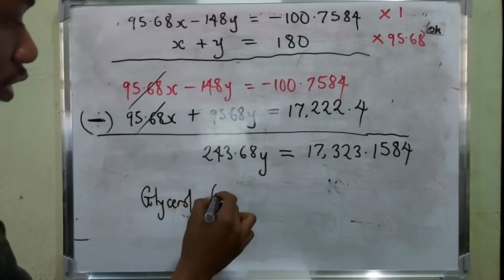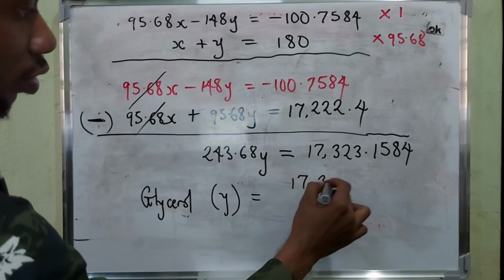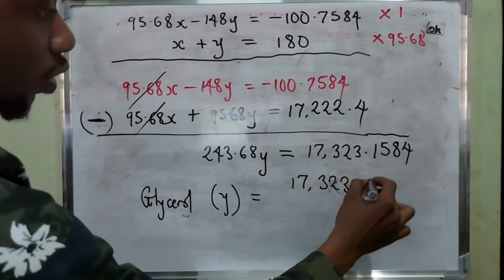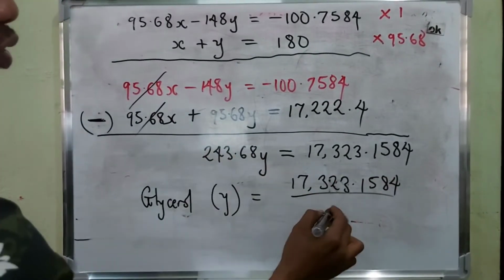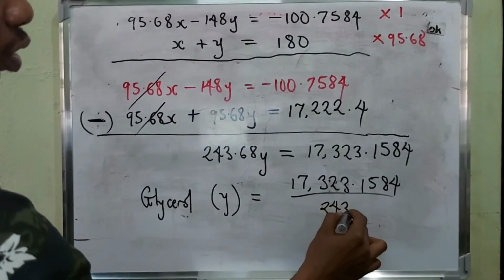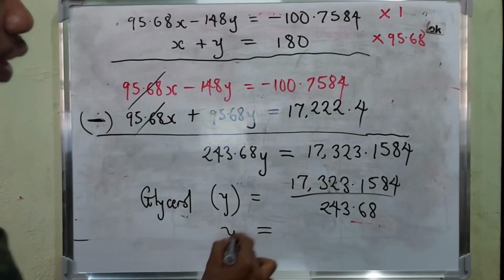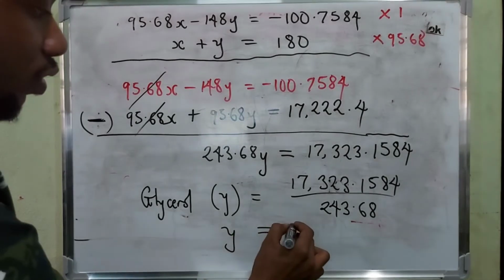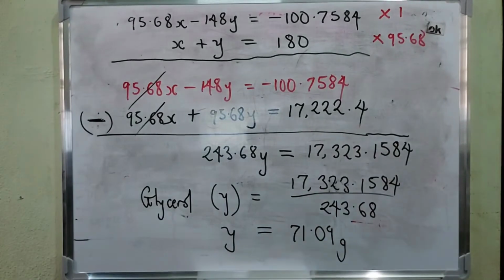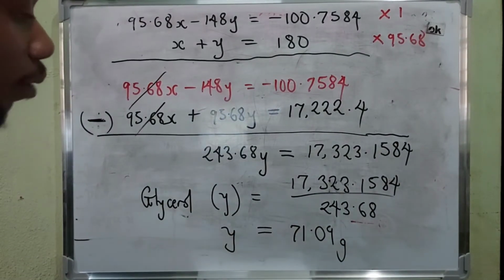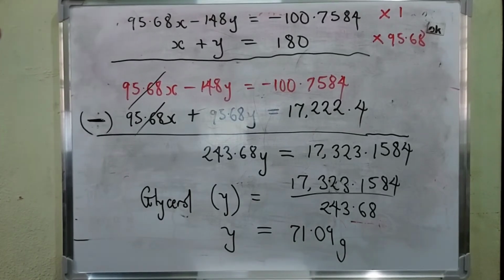So glycerol will be 17,323.1584 divided by 243.68, and that will give me y. I will have 71.09 gram. So this is the actual weight in gram of glycerol that would be required for this synthesis.